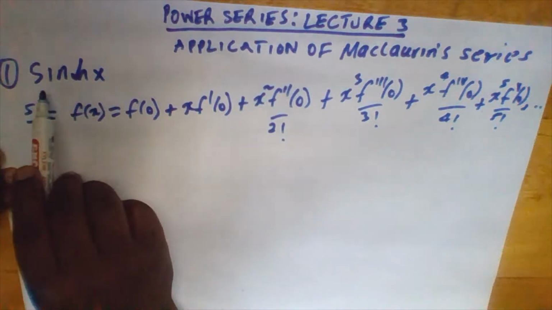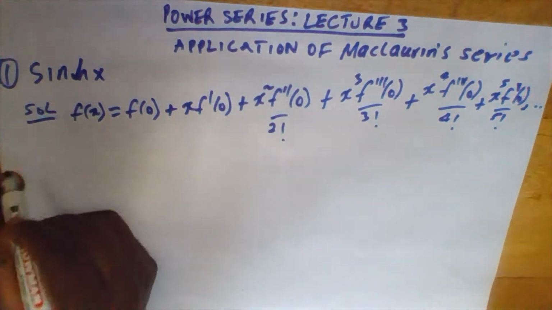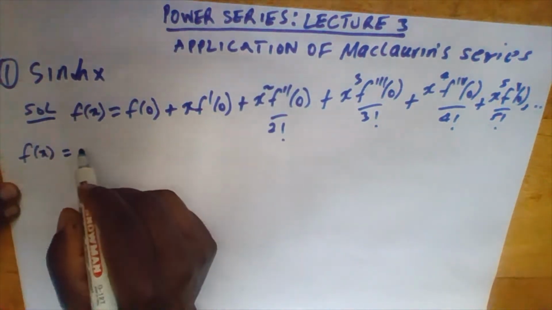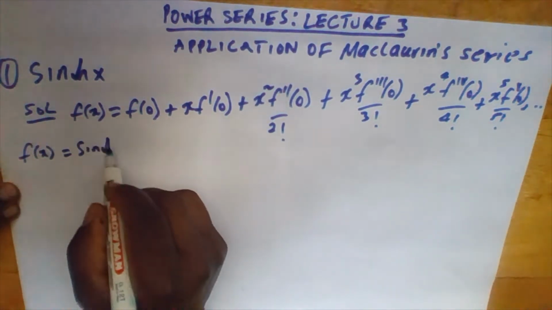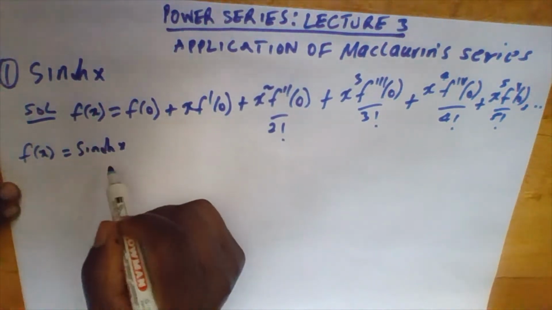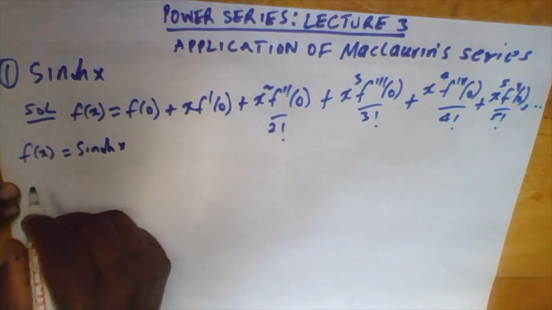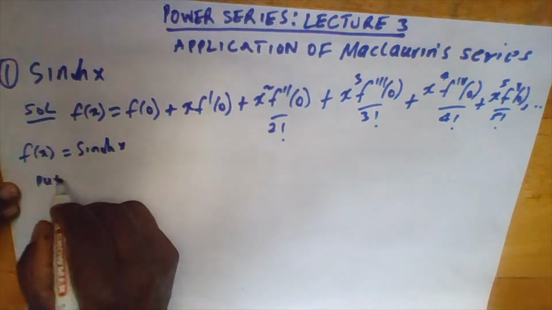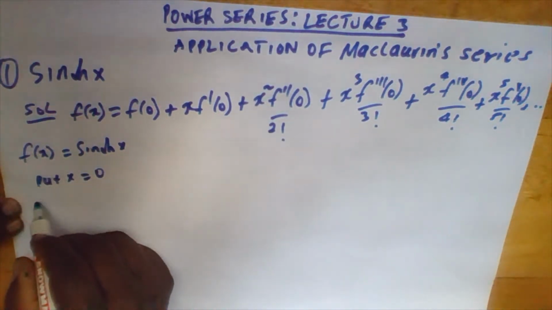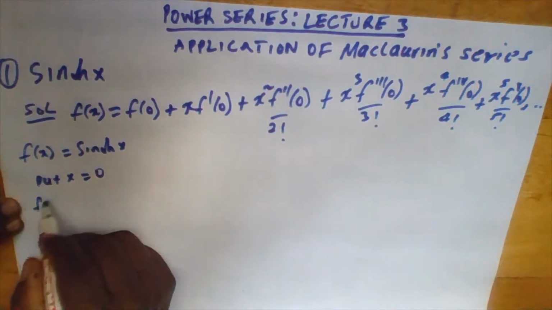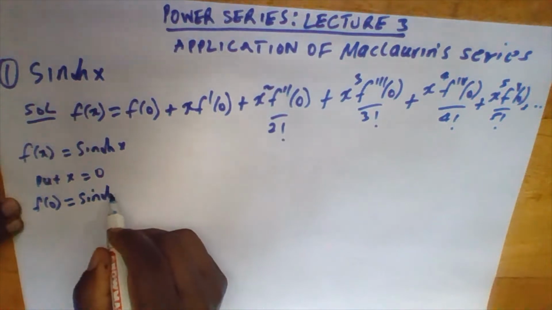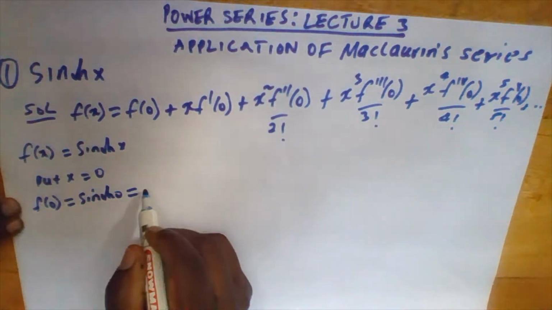Now if we have been given sin x, it means that our f of x equals sin x. So when we put x equals 0, our f of 0 will be equal to sin 0, which equals 0.